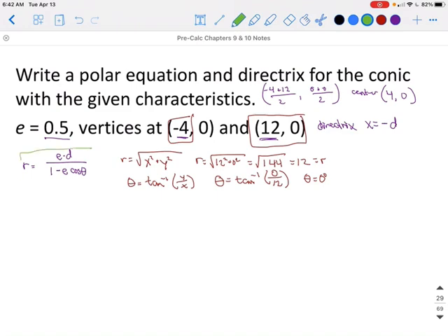So if we're substituting into this equation, we know the r value is 12. We know that e is 0.5, but we don't know the d value. That's what we're solving for. And we're going to do 1 minus e times the cosine of 0.